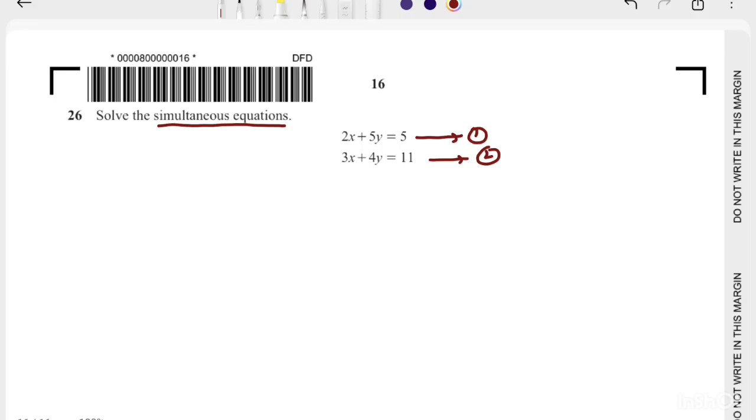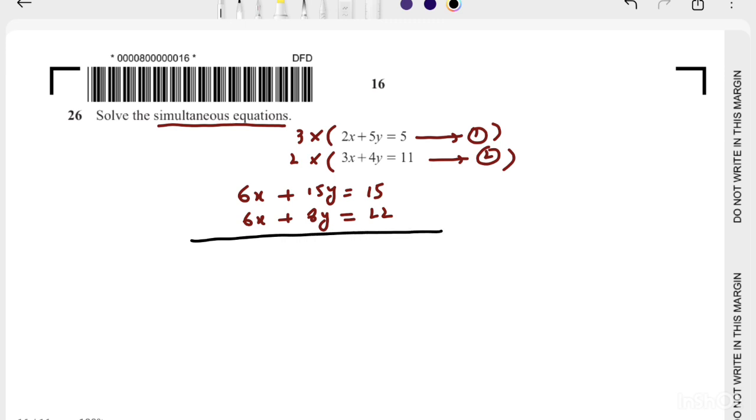So I multiply equation 1 by 3, the coefficient of x in equation 2, and equation 2 by 2, the coefficient of x in equation 1. Now this becomes 6x plus 15y is equal to 15, and this becomes 6x plus 8y is equal to 22.